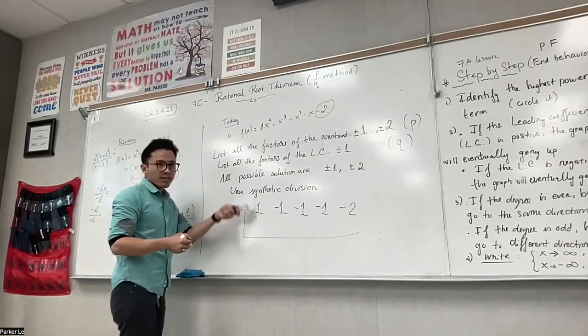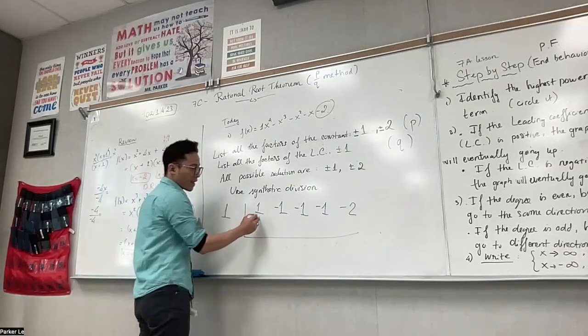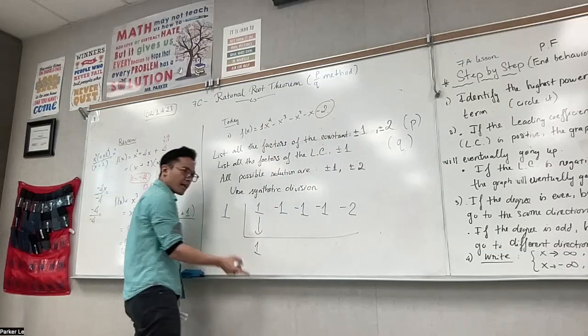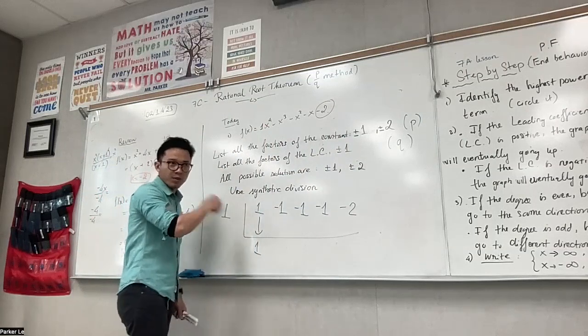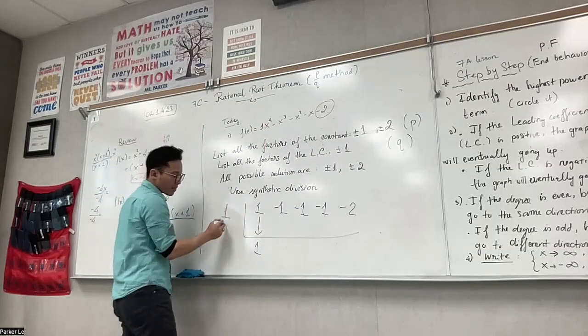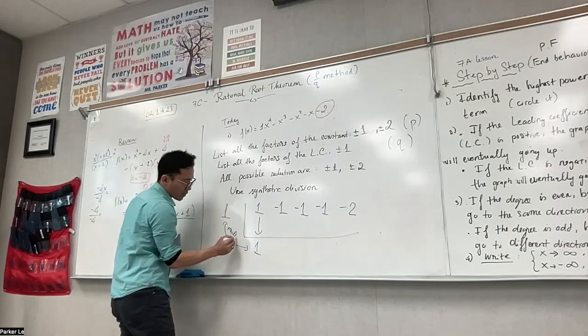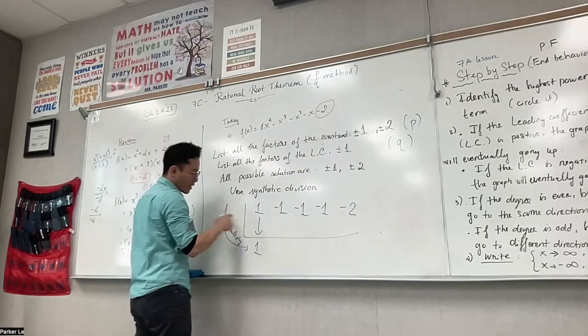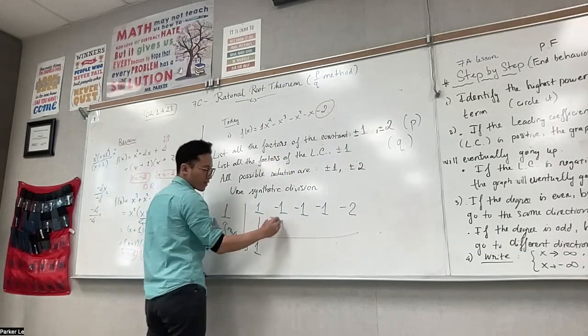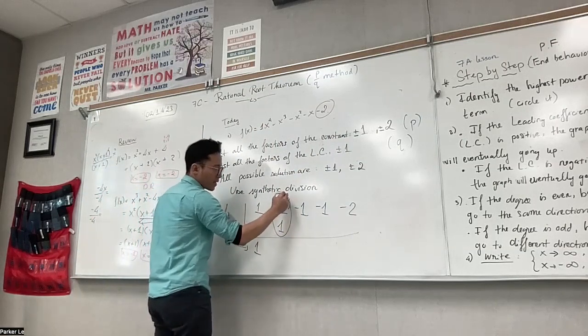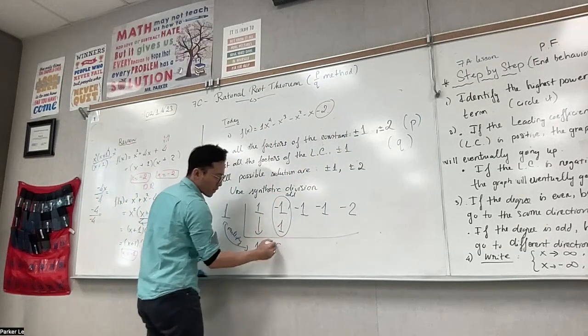And then, what is the first step for synthetic division? Bring down the 1, very good. And then multiply, add, right? In case you forgot, I just put it here, multiply. Multiply here. 1 times 1 is 1. And then you add them. Okay, you add 0.